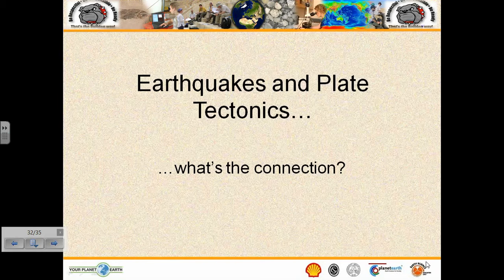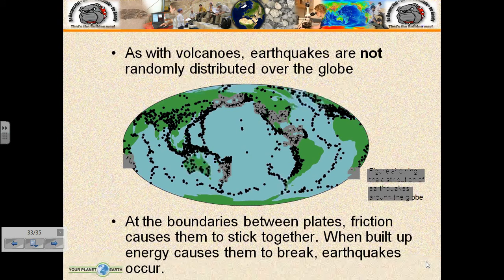Earthquakes and plate tectonics. What's the connection? Well, as with volcanoes, earthquakes are not randomly distributed over the globe. In fact, at the boundaries between plates, friction causes them to stick together. When built up energy causes them to break, you then get earthquakes to occur.